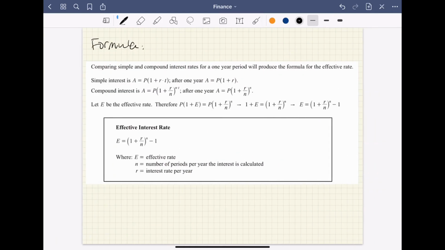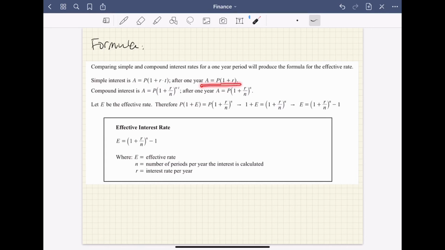Okay, formula. So the effective interest rate is calculated by comparing the simple interest and the compound interest. So right here, this is the simple interest and this is the compound interest. So after 1 year, T is 1 for both.